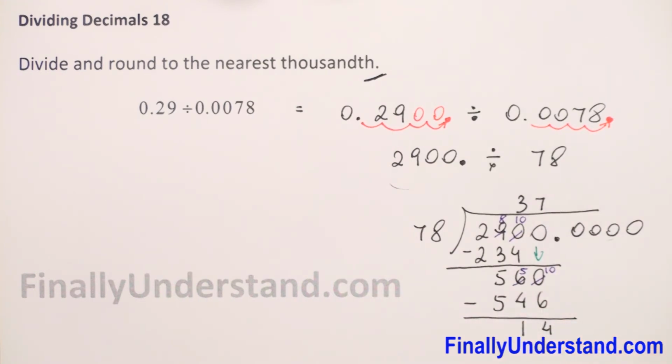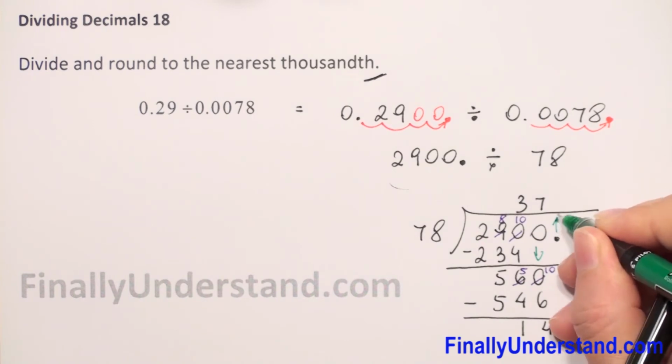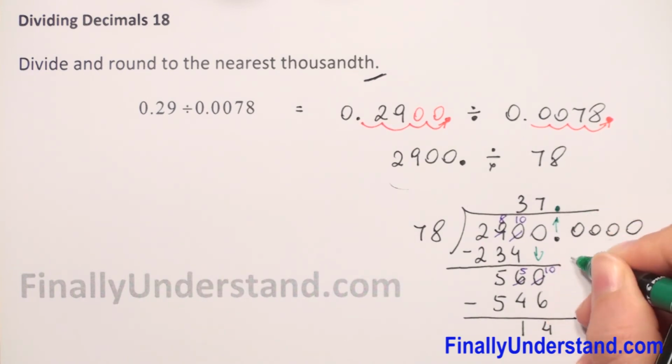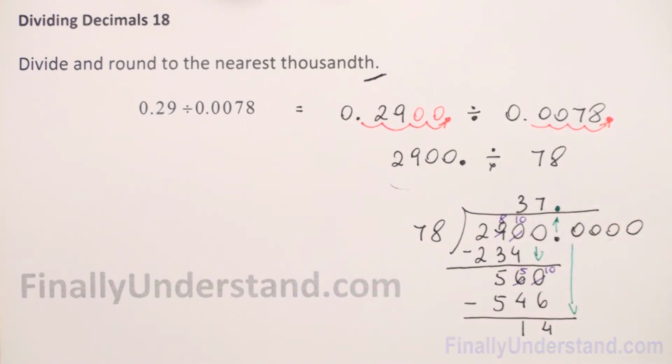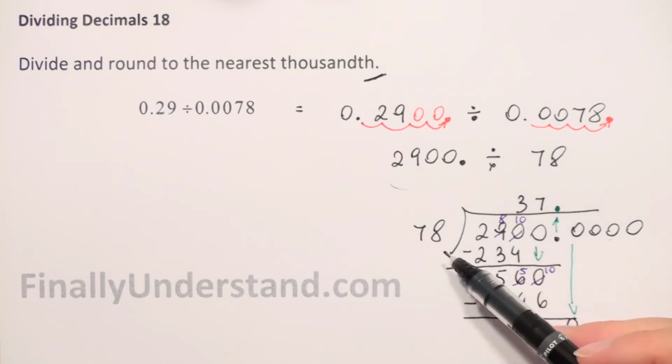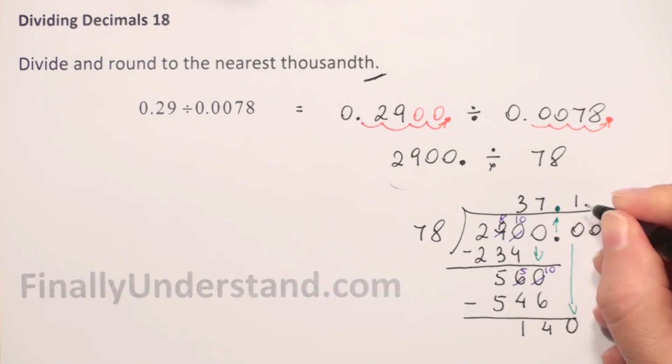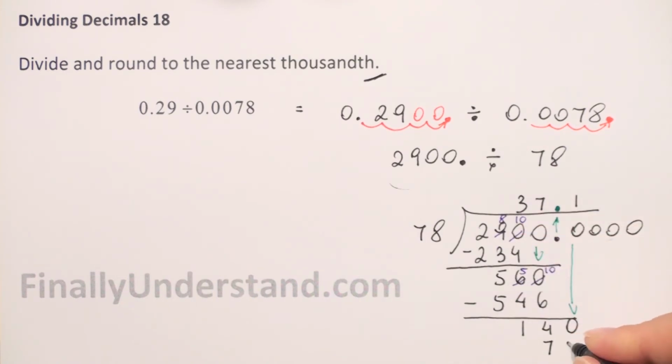What next? We have to take up the decimal point exactly in the same column, and the next digit we take down. So we have 140 divided by 78 is 1. 1 times 78 is 78.